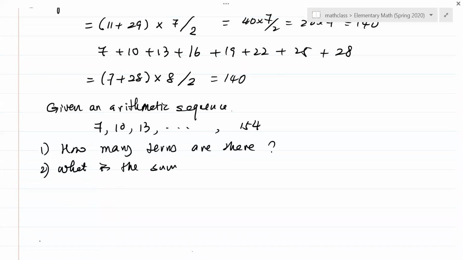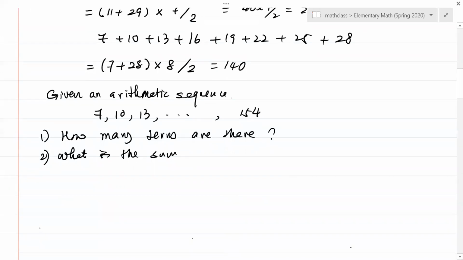So how to do that, the number of terms, there's also a formula, but let's do it this way. Every time it's increased by 3, right? So let's think about that. The 10, 13, it's increased by 3, and then the 154, it's increased by 3.